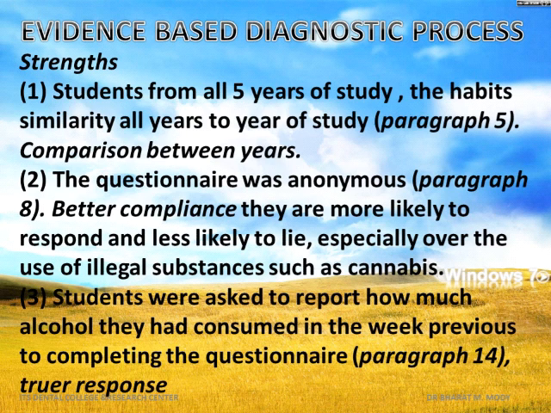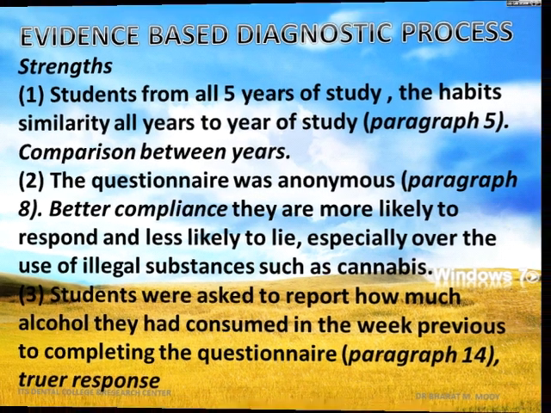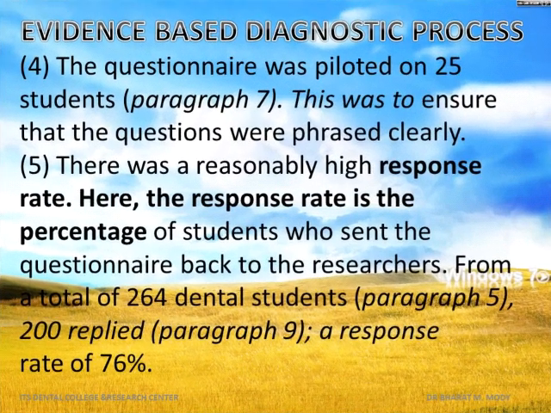And that is where the strength of this article actually rested, because it gave you a comprehensive 5 years, it was anonymously given, and it was well done. The questionnaire was piloted on 25 students beforehand, and that is why the questionnaire was also well prepared, and that was a great strength as far as this article is concerned.